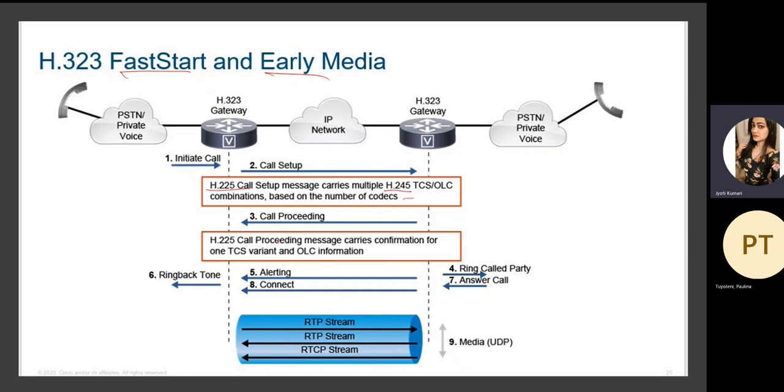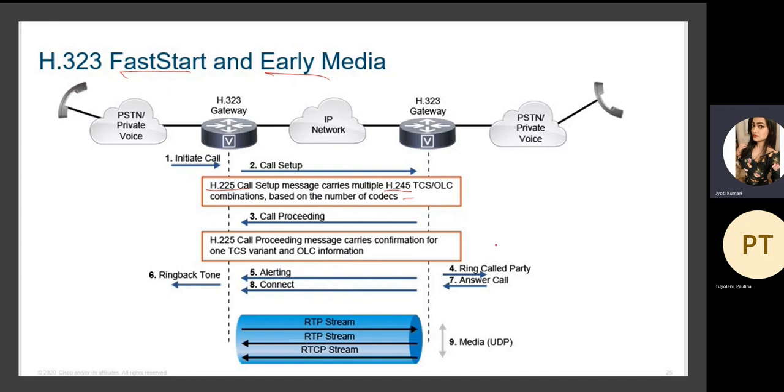Then the call proceeding message will be sent. The H225 call proceeding message carries confirmation for one TCS variant and OLC information. So the information sent by the initiator is now exchanged with the other side. Once this is done, the negotiation is complete, with both TCS and OLC successful. The codec, VAD, and the RTP, RTCP information have been negotiated.